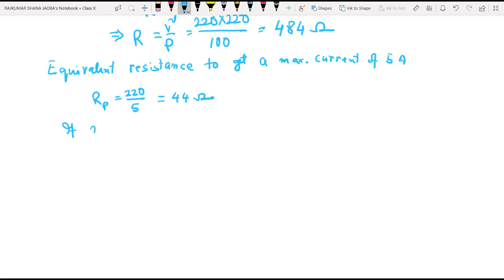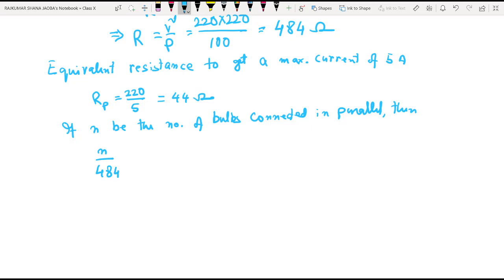If n be the number of bulbs connected in parallel, then n by 484 is equal to 1 by 44.